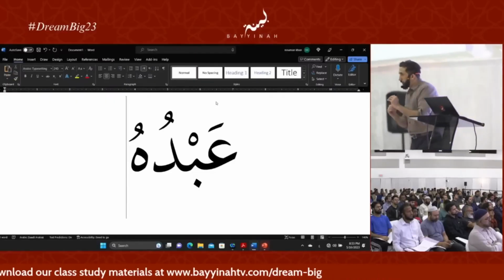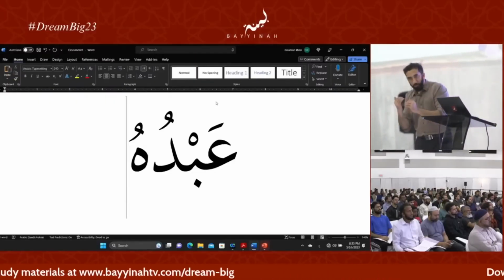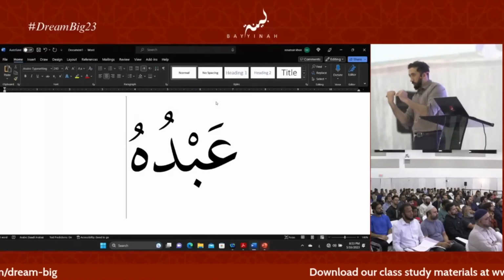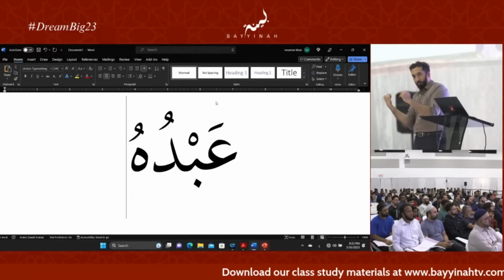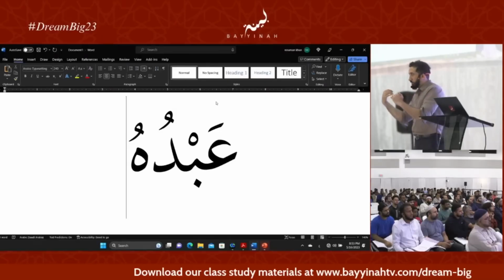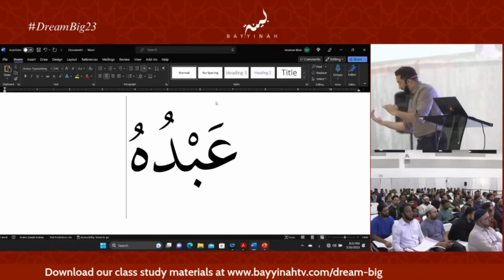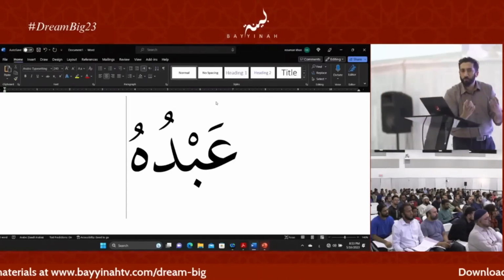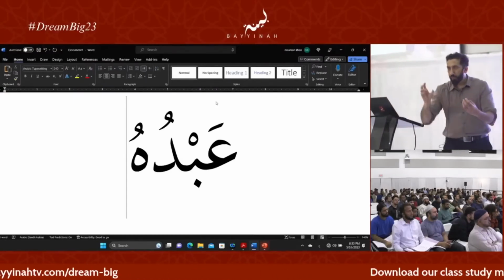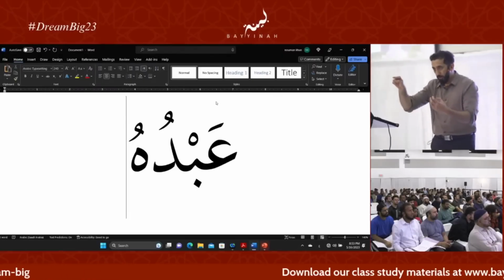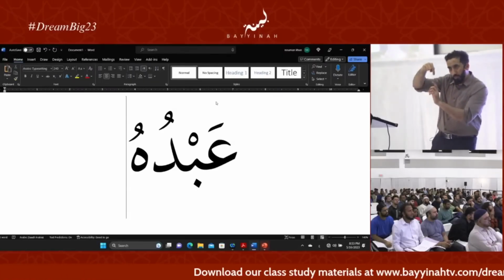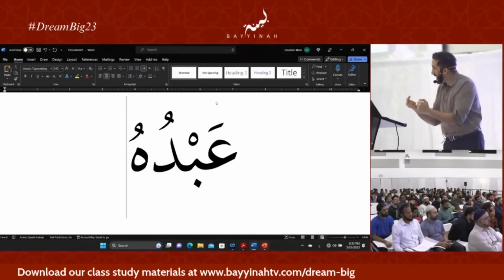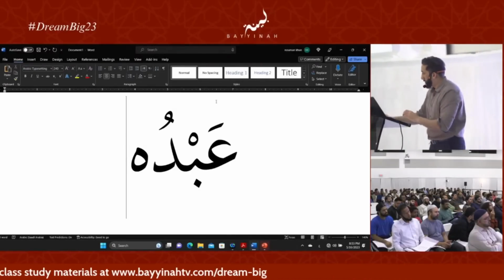Attached versions can only be nasab or jar, but if it's nasab or jar and it has a good looking mudaf, it's jar, which means Abdu is a mudaf and hu is a mudaf ilayh. What do you put between a mudaf and a mudaf ilayh? Of, slave, of, his, which would easily translate into what? His slave. Okay, well, what about?